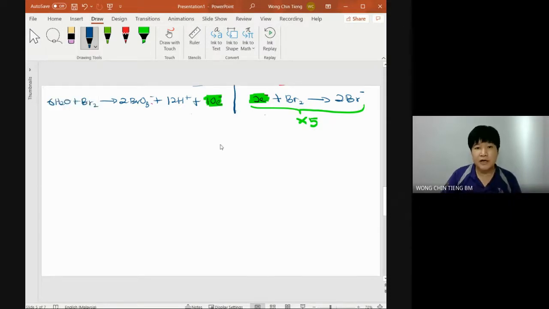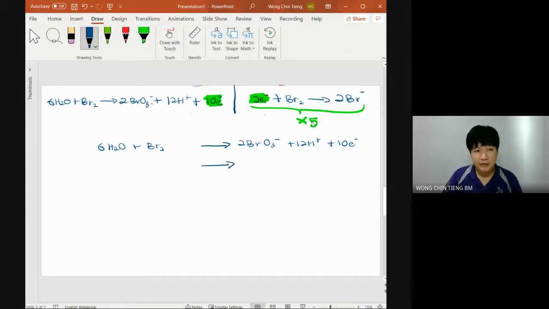Dan lepas kamu darab, saya akan letakkan dua equation ni kat tengah-tengah kerja kamu, kertas kamu. Sebab saya nak nampak exactly siapa duduk di kiri. Untuk equation pertama, tak ada perubahan. Salin balik exactly. Okay, tadi saya kata tak payah salin balik, tak apa. Yang ni wajib salin balik sebab saya nak semua orang duduk selari.